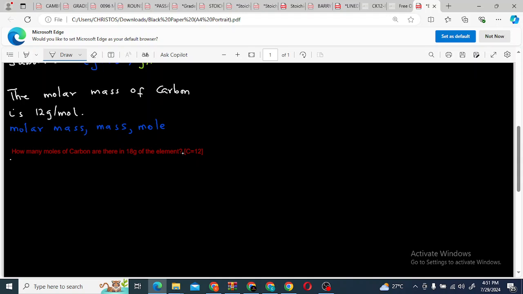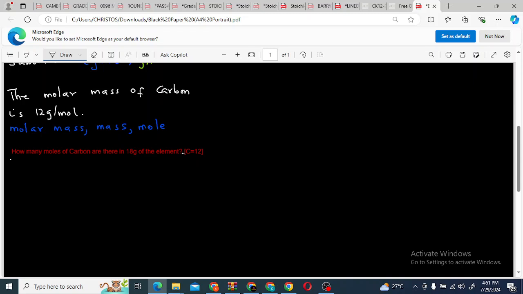The reading I had was 18 grams, meaning that the mass of the scoop of carbon that I placed on my top pan balance is 18 grams. So how many moles are there in this 18 grams of carbon?